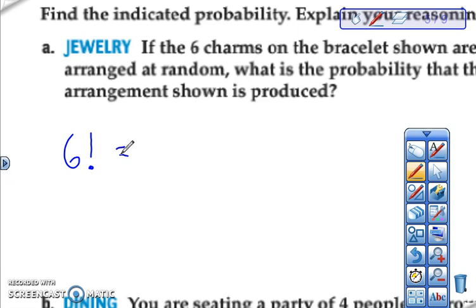So the first charm could have been in any one of the 6 spots, and the arrangement would still stay the same because I'm sort of rotating it around. So if I do that, I would have to divide by 6 because, again, I didn't know which of the 6 spots to start counting from. If I do that, I would get basically the same thing as if I had started with only 5 objects.